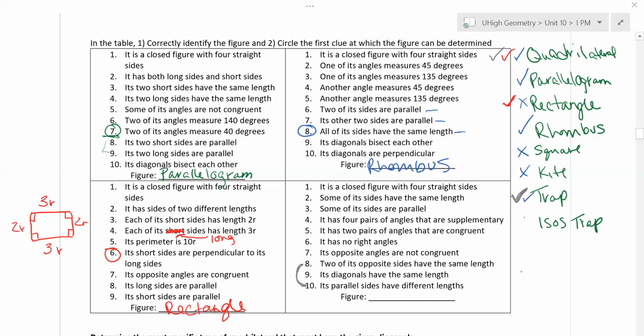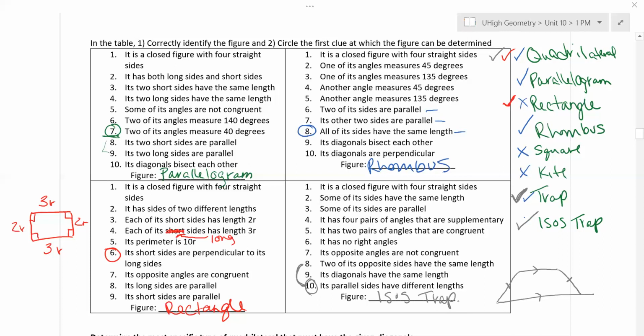So what that means is if I'm going to draw a picture off to the side, my 2 parallel sides, they have to be different. So that means the other 2 sides, those legs, would have to have the same length. They would have to be congruent. So looking at that, given number 10, I would know that this for sure is an isosceles trapezoid.